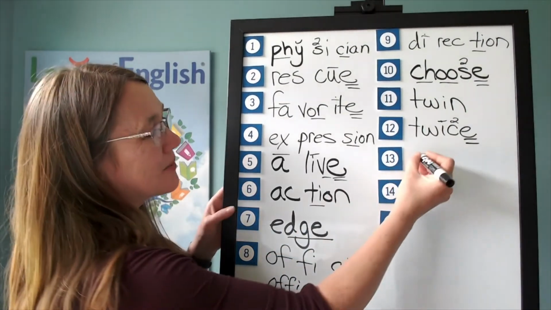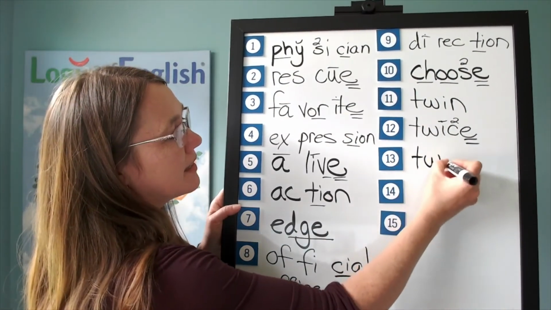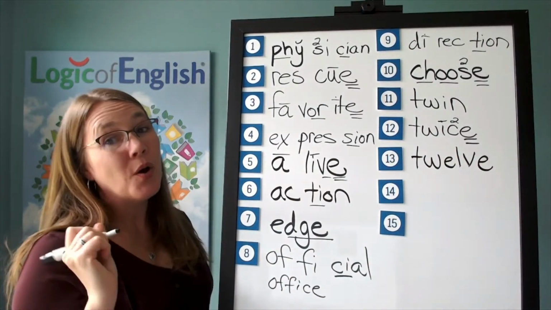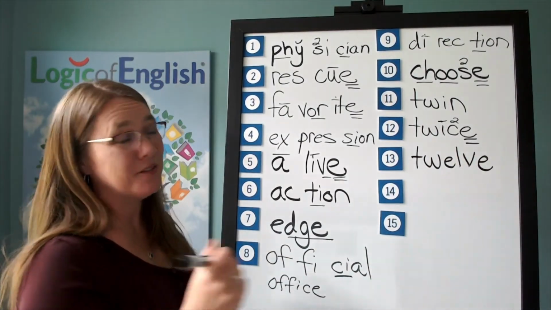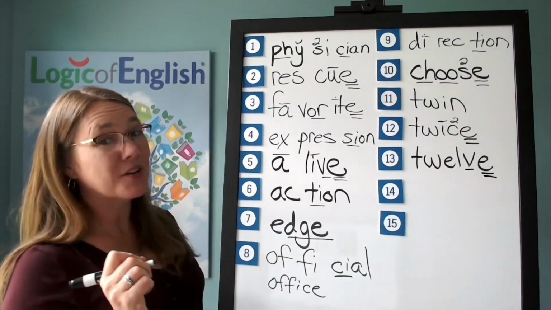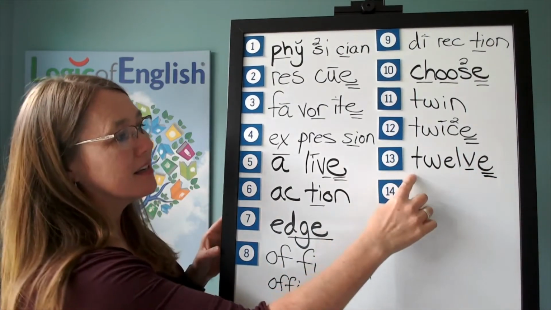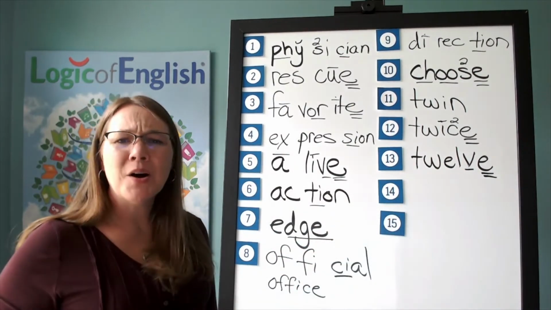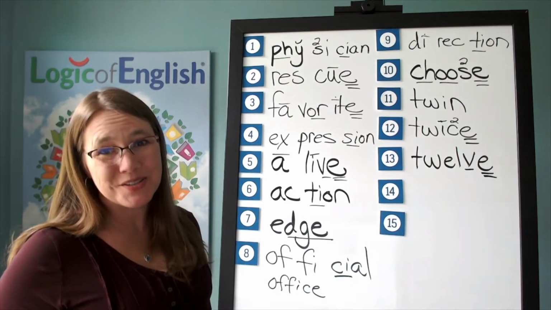Good, and help me to write it. T-w-e-l-v. Silent final E. Why do we have a silent E in twelve? That's right, English words do not end in V or U, therefore add an E. Let's read it. T-w-e-l-v. Twelve.